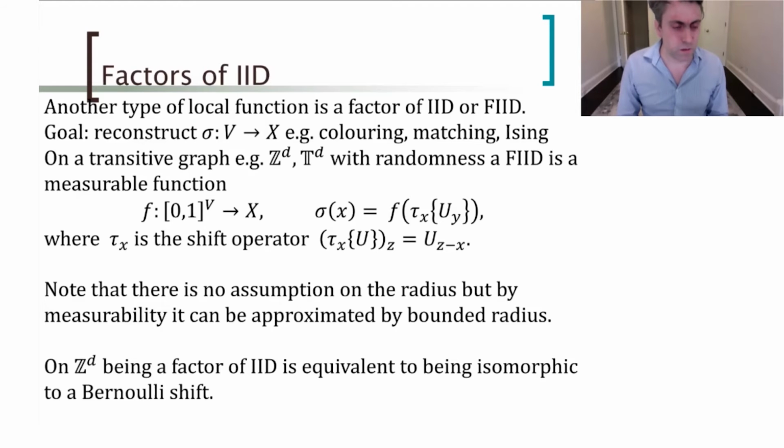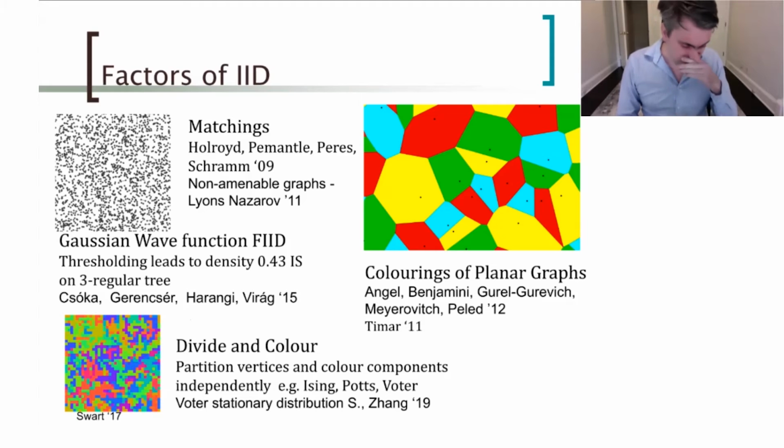Okay, so you can ask for various different stochastic processes: can you write this as a factor of IID? When I was a postdoc at Microsoft 11 years ago, there were lots of questions about this.